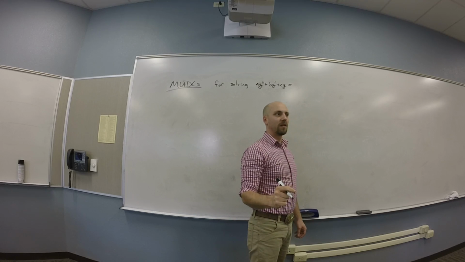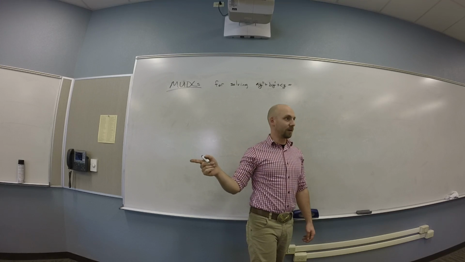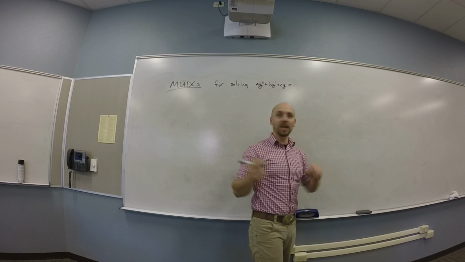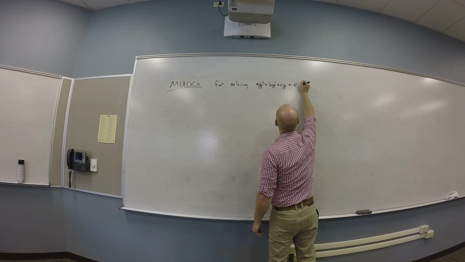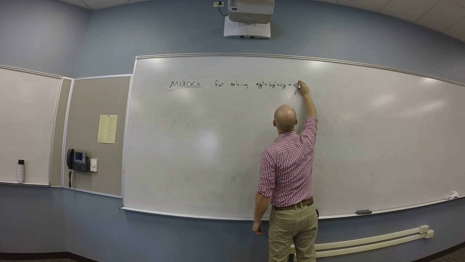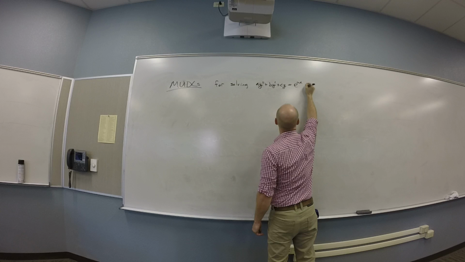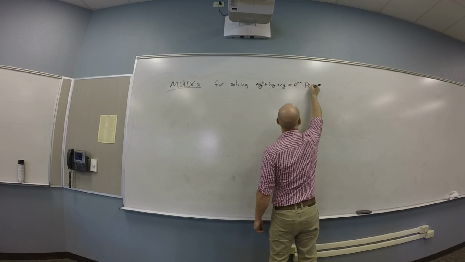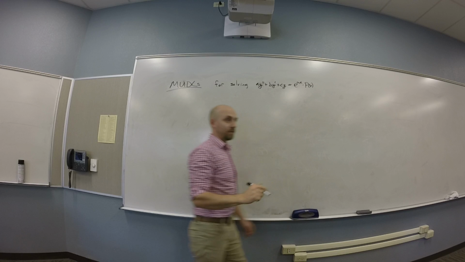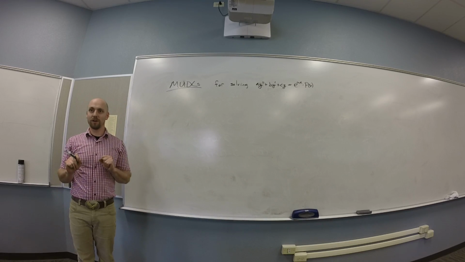Constants times exponentials and polynomials, right? So let me stick those together. You know how to guess e to the alpha x times some polynomial, which I'm going to call capital P of x. So these are the things you know how to do.